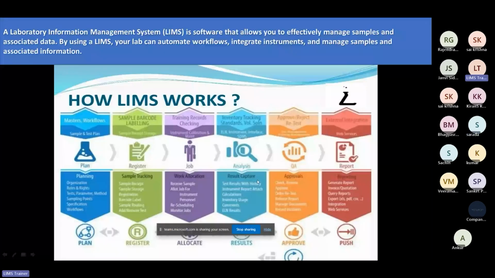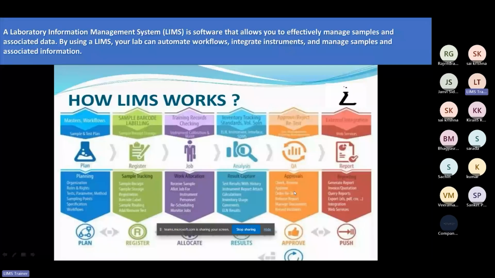In the reviewer's login, the reviewer checks all the results, reports, and all the testing methods or parameters used. According to the parameters and limits, he decides whether to approve or reject the test or results, and whether it requires a retest or not.